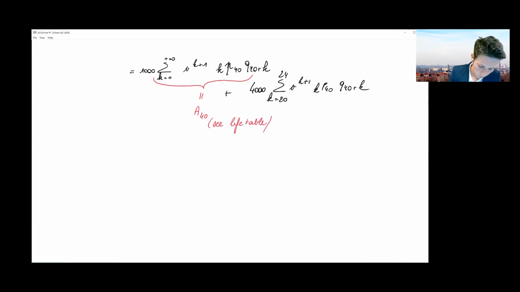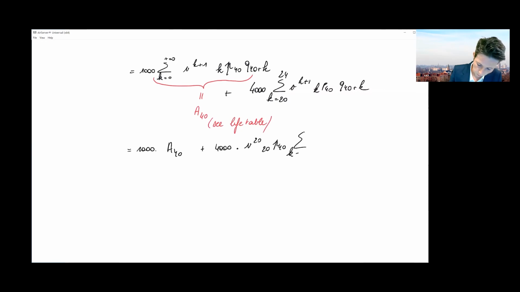Okay, so I'm going to work with this expression. I can say it's 1,000 times A40, and now I need to think about the next part of my expression. So what I'm going to do there is put v to the power 20 and 20p40 in front.